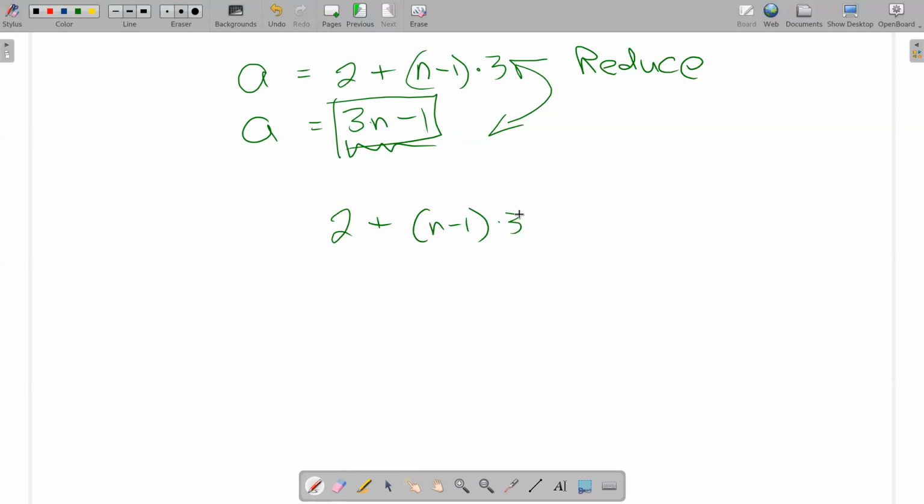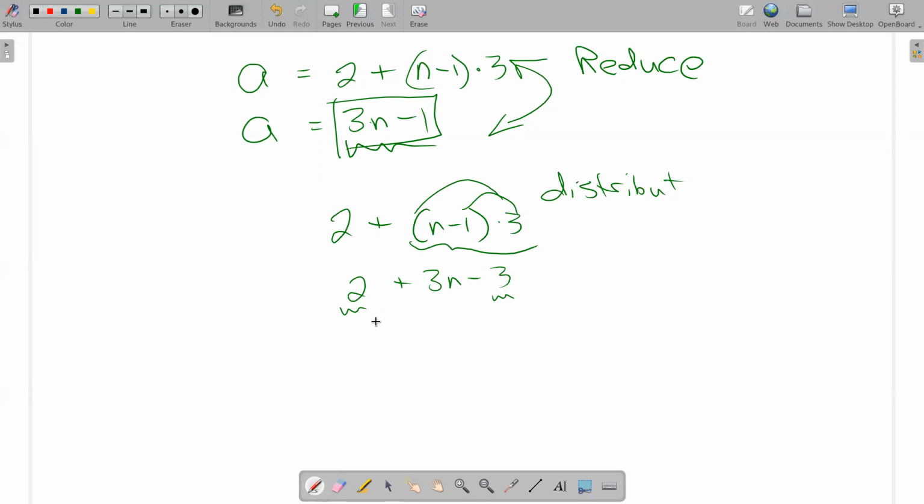Whenever we multiply by a parentheses, we have the option to distribute. So then I can view this part right here as 3n minus 3, right? 3 times 1 is 3, minus is in between, 3 times n is 3n. 2 is hanging out front. Now the 3 and the n are stuck together, but this 2 without a variable and this negative 3 without a variable, I can work on those together.